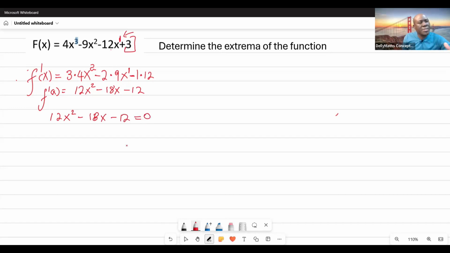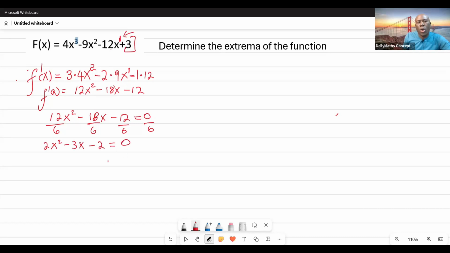What I'm going to do is divide throughout by 6 to make these numbers smaller. So I'm going to divide everything by 6, reducing this to simpler numbers to work with. So we're looking at 2x squared minus 3x minus 2, and this is equal to 0.